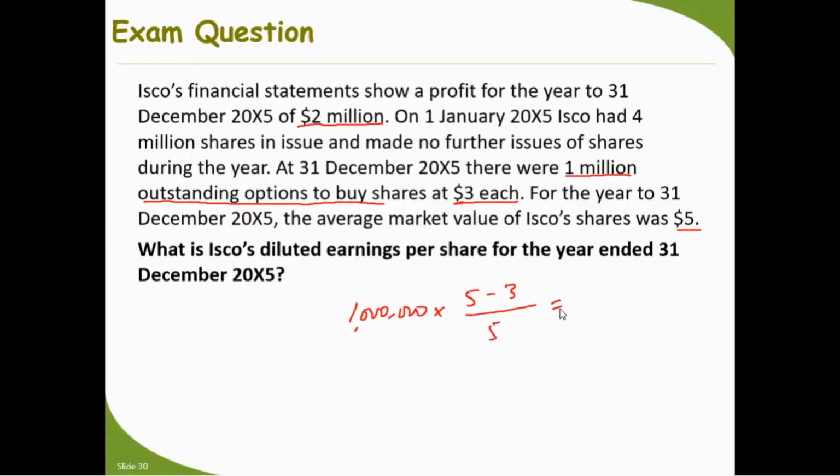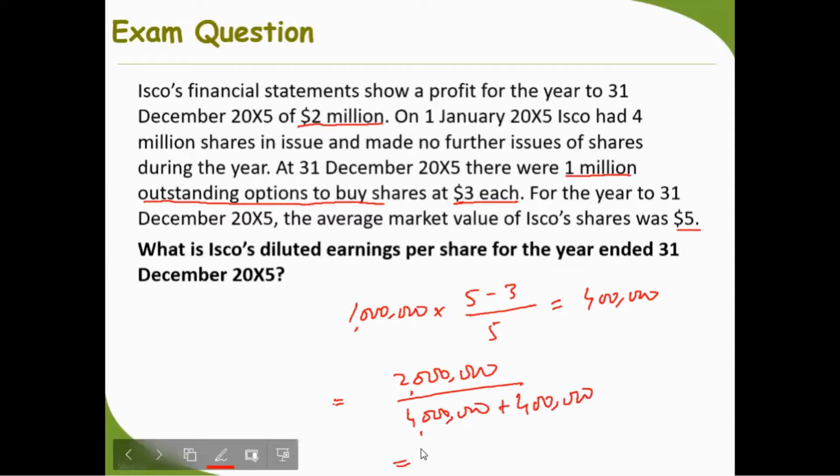It means 40%. So 400,000 is the bonus element. So our profit attributable to ordinary shareholders is 2 million, divided by the number of shares already in issue, 4 million, plus the 400,000 bonus element. So your diluted EPS is 2 million divided by 4.4 million.